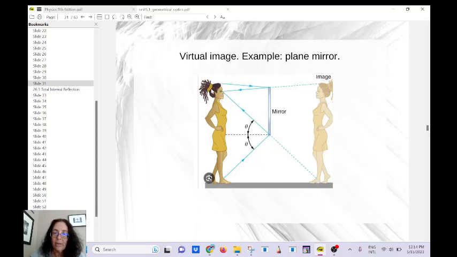So again, the brain extends the ray that it gets. And here you have a virtual image beyond the mirror, and the distance between here and there equals the distance between here and there. Now, if she wants to see the top of her head, no problem as well.